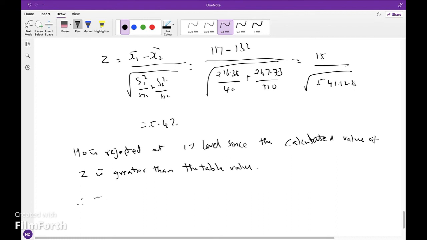Therefore, the hardness is affected by weathering.